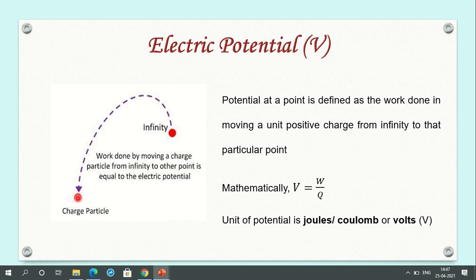Suppose we have a unit positive charge at infinity, and if we have to move this charge from infinity to this point, we definitely have to do some work. That work is termed as the potential at this point.